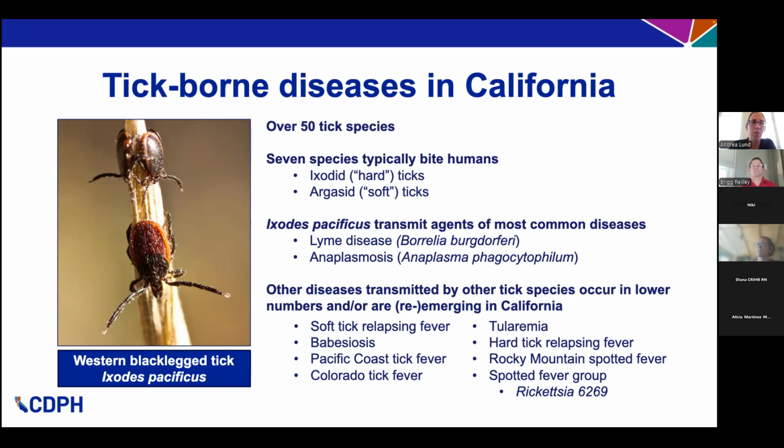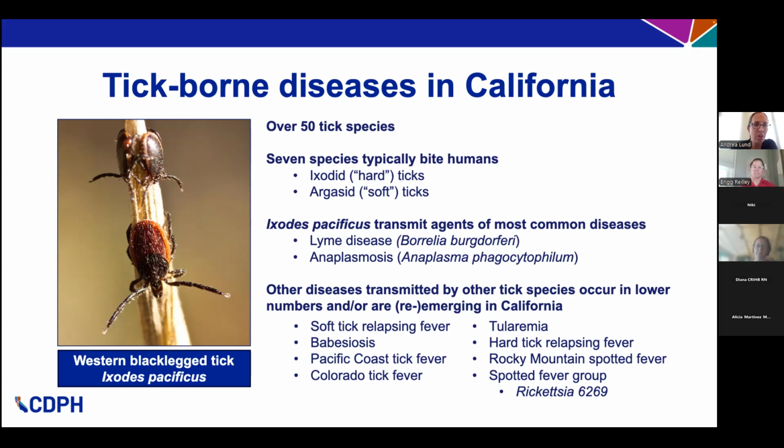That can range from an altered mental consciousness to meningitis or encephalitis symptoms. I'd be happy to put together some resources or direct you to some resources on the clinical guidance for that. I believe there are some resources on our website for healthcare providers regarding that. Thank you.